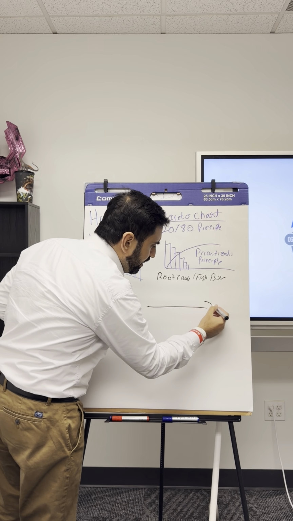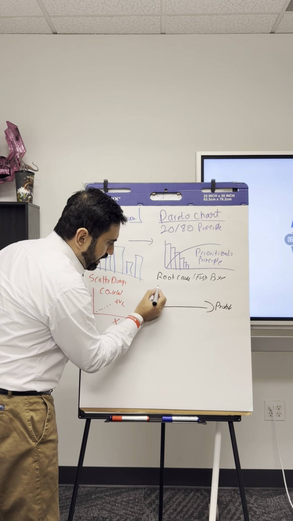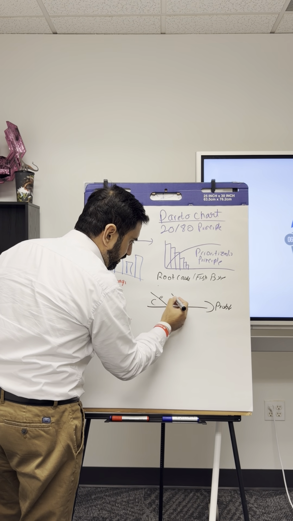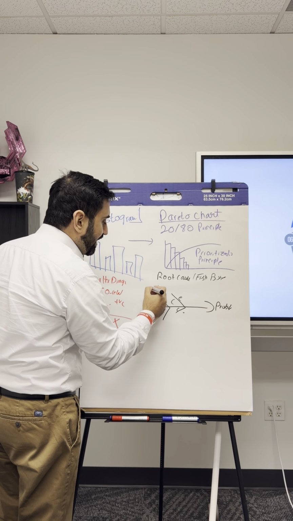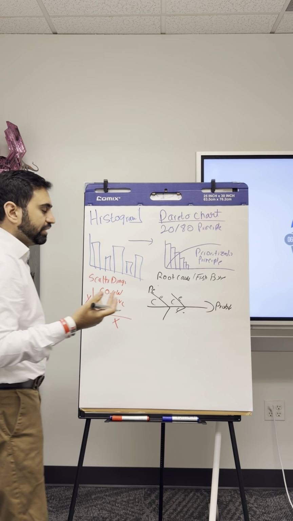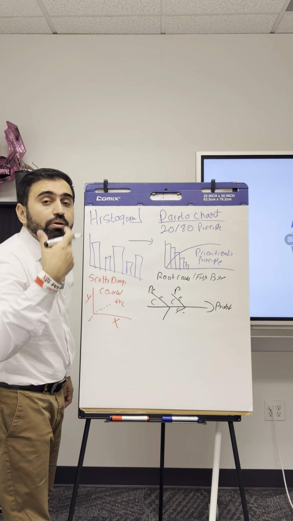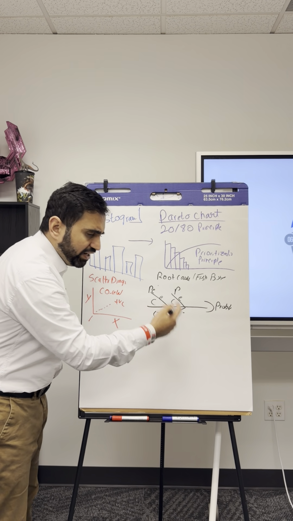You put the problem or defect here, and then you put cause, effect, cause, effect. The causes can be people, something is happening because of people. The causes can be process, there's a problem in the process. With root cause analysis, also equipment, environment.